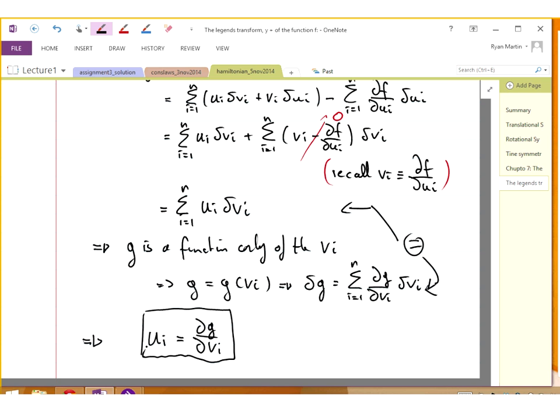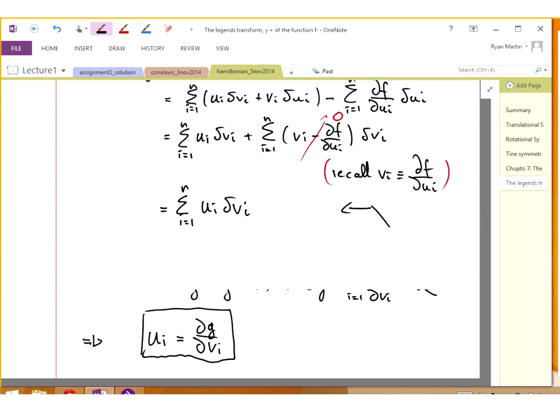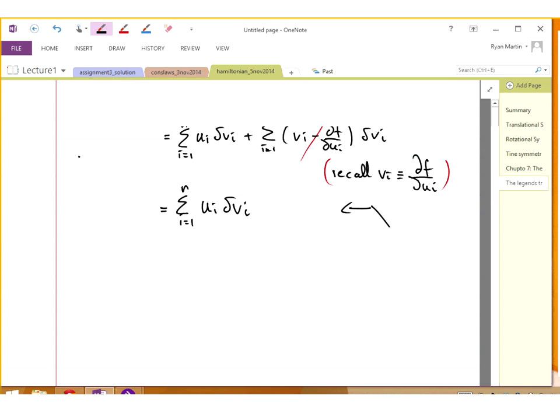That's very interesting. It gives us the choice of describing the system that's described by the function f. We can either use f with the u's as variables, or we can equivalently describe the system with the function g using the v's. And the Legendre transform is how you go from one to the other.